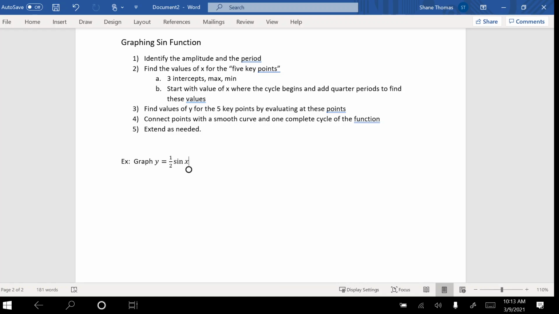All right. 3, find the value of y for the 5 key points by evaluating these points. We can just punch them in a calculator, use a unit circle, whatever we want to do there. And then connect the points with a smooth curve in one complete cycle of the function. Now, again, be careful with this. You're going to have points that look like this, okay?